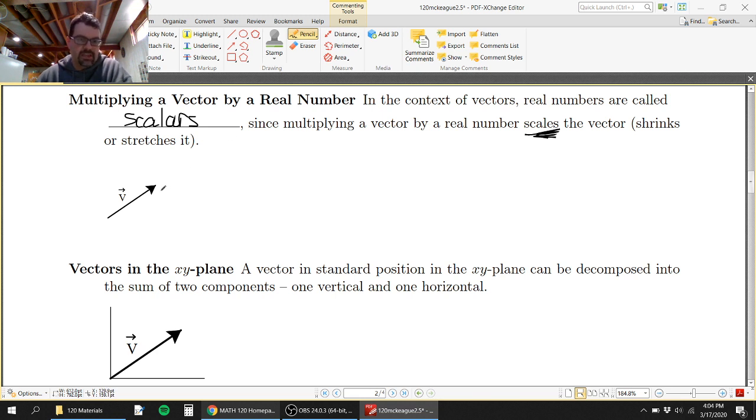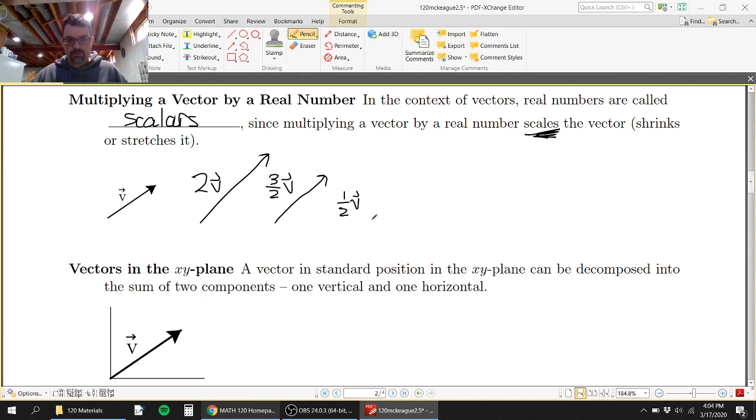So if this was v, for example, 2 times v, the vector 2v would point in the exact same direction, but be 2 times as long.